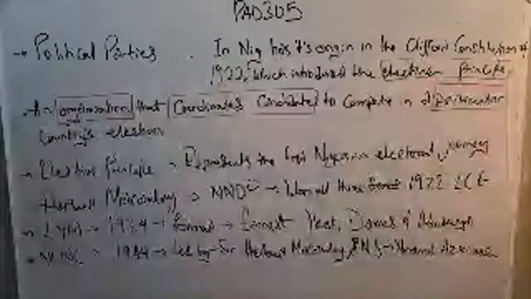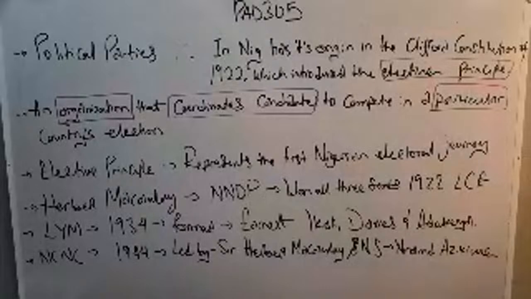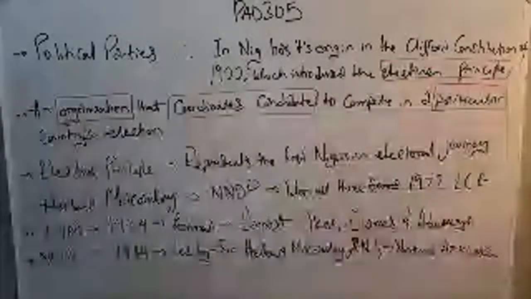Political parties during the First Republic were quite different. Like I said earlier, a lot of positions were still handled and controlled by the British. A lot of parties were just coming up, and party members were not yet in some strategic positions. It was still a mixture of Nigerians and British.